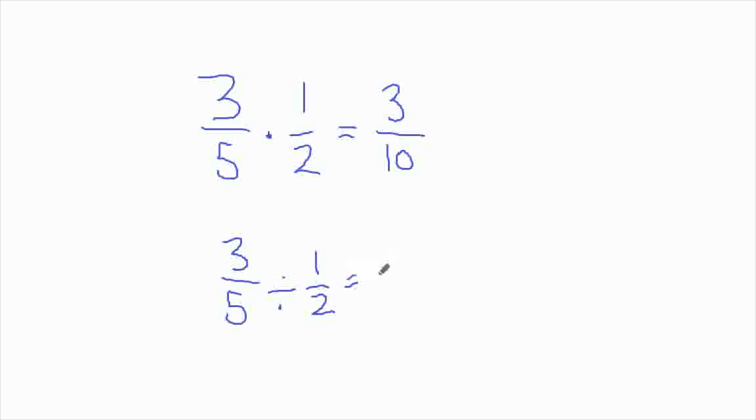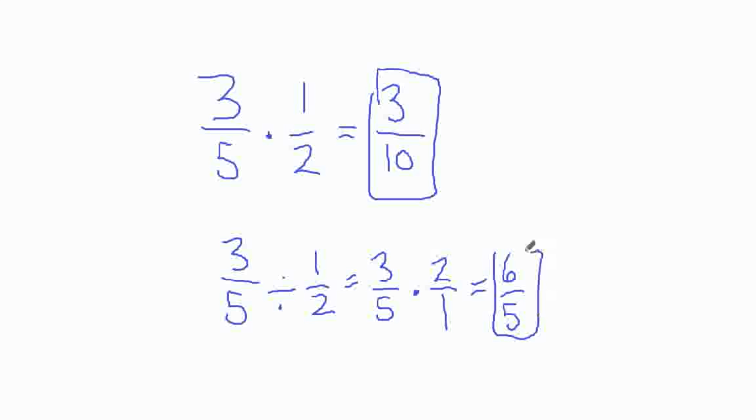So the bottom one becomes this multiplication. You see how I flipped the numbers, the 1 and the 2? Okay, and then once you do that, you can simply do multiplication, and so that's what you get for that answer.